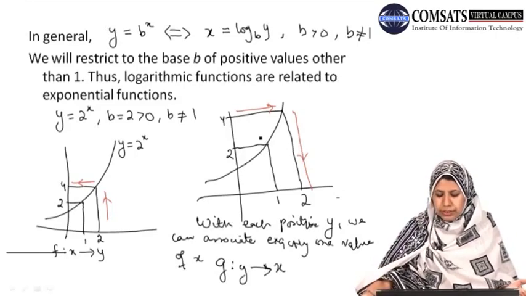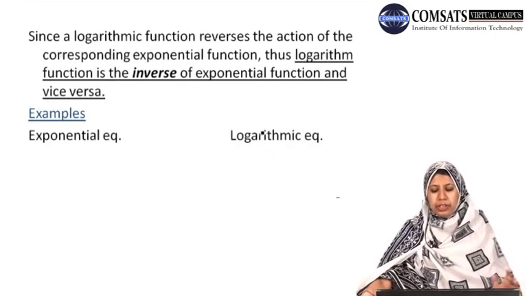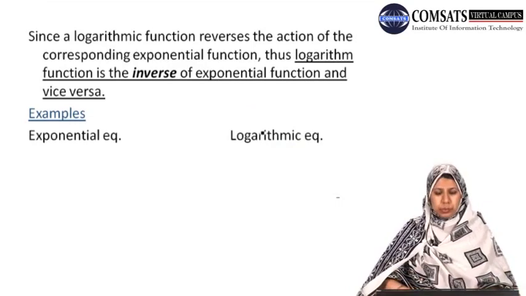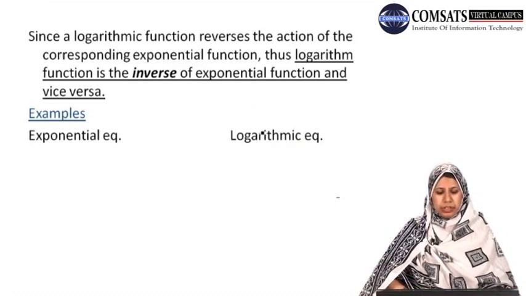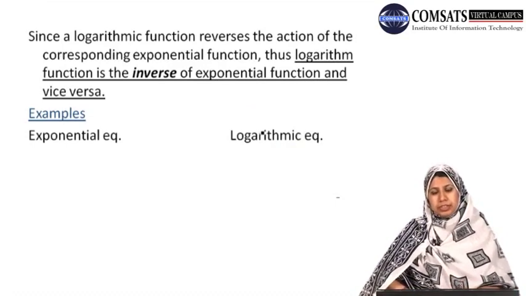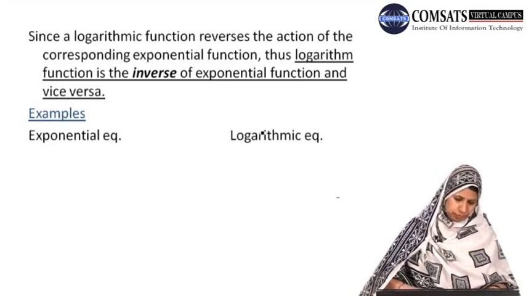So the log function is nothing but the reverse action of the corresponding exponential function. And then we say that the logarithm function is the inverse of the exponential function and vice versa. That is, the log function and the exponential function are nothing but the inverses of each other.